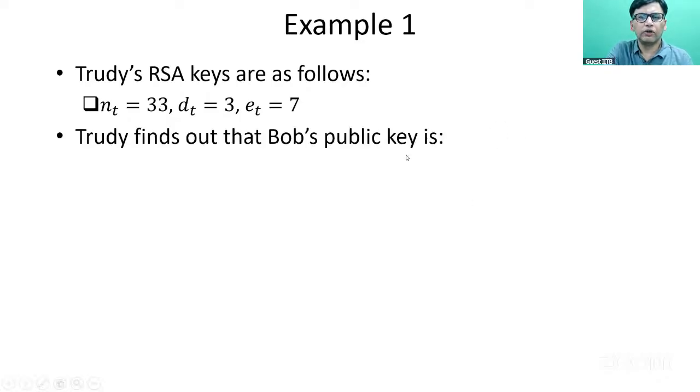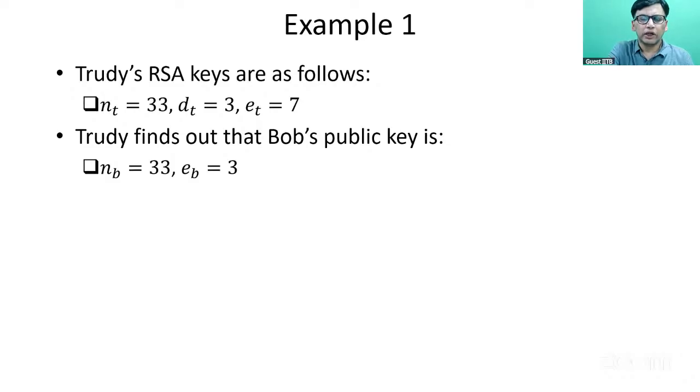Now, suppose Trudy finds out that Bob's public key is NB equals 33 and EB equals 3. So Bob's public key is well known, and it's also known to the intruder Trudy. And in this case, it happens to be 33 comma 3, which is exactly Trudy's private key.